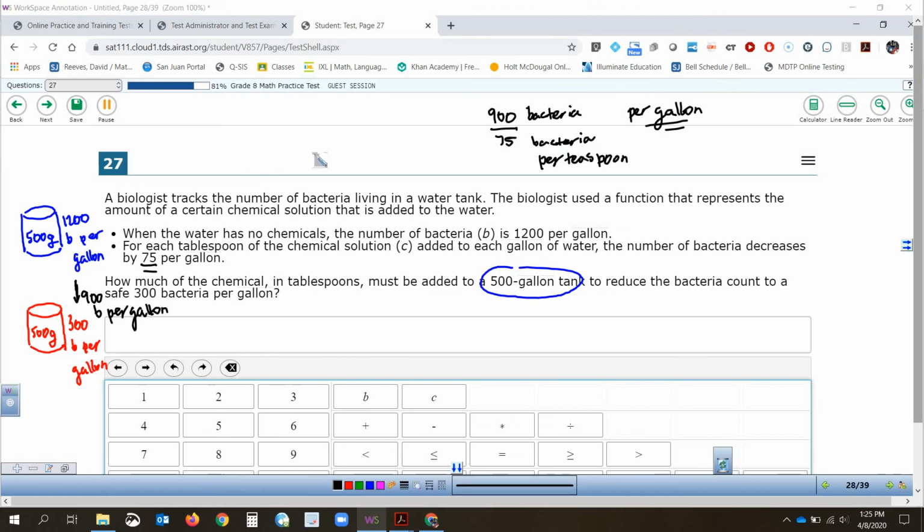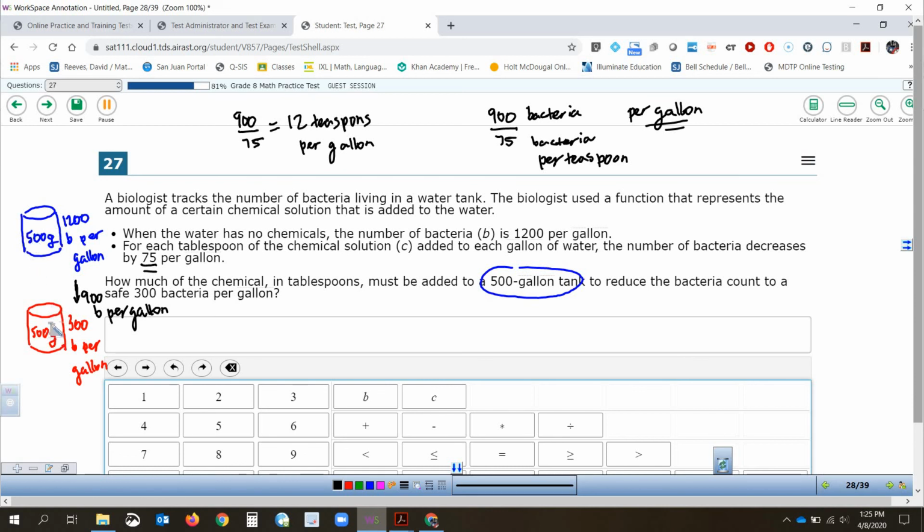All right, so 900 divided by 75 means I need 12 what? 12 teaspoons per gallon. 12 teaspoons per gallon. But my tank isn't 1 gallon.